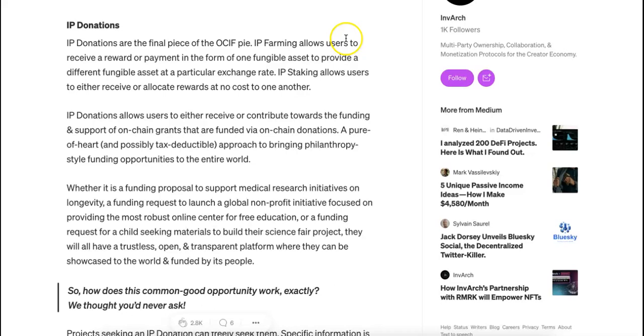You could imagine it like the Web3 Foundation, which supports different projects, and you can use this IP donation feature to support all of those projects on chain. The cool thing is you can decide when to get those donations. You can get it right away, or you can get it when you finish some milestone. So there are different ways you can decide, and it's fully on chain.